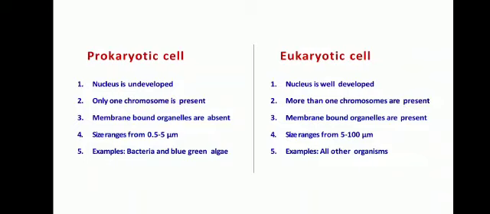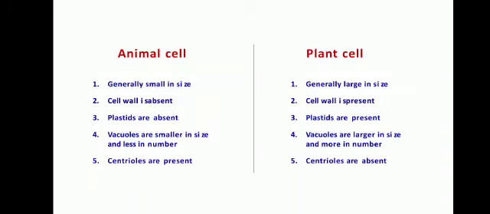The size ranges from 0.5 to 5 micrometer in prokaryotic cells, but 5 to 100 micrometer in eukaryotic cells. Examples: bacteria and blue-green algae are prokaryotic, and all the other cells are eukaryotic.